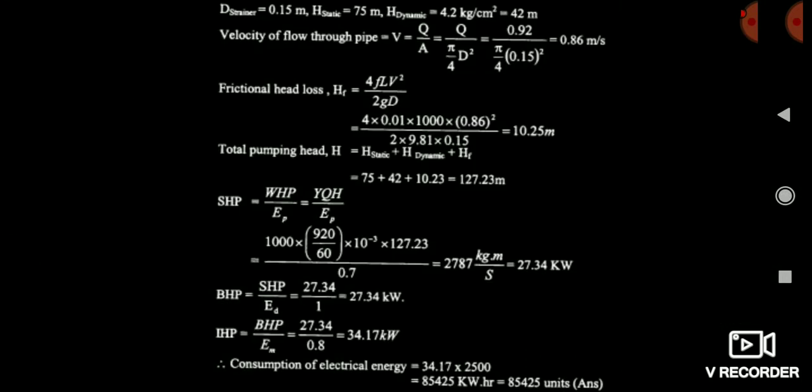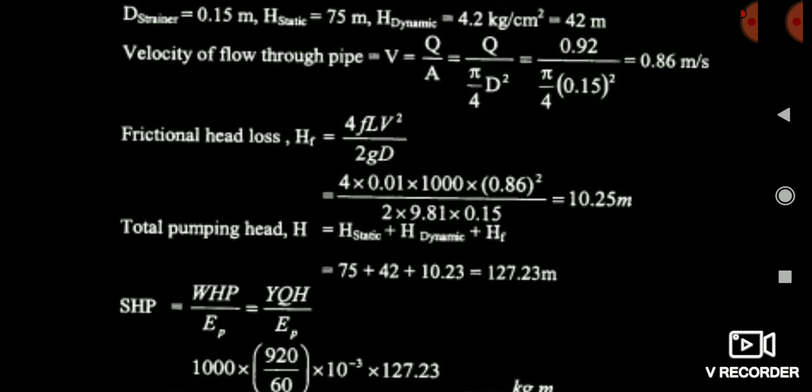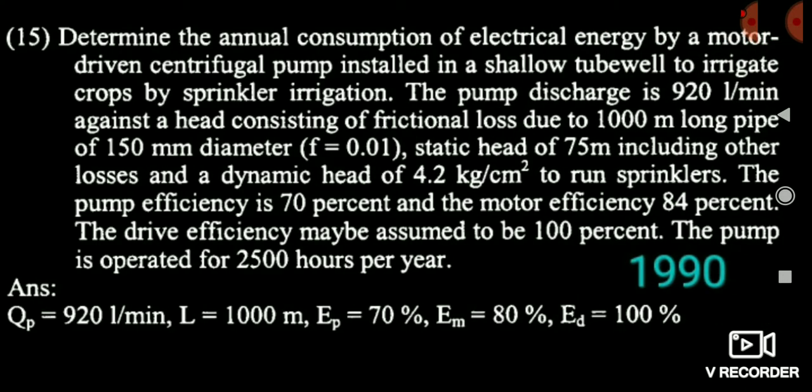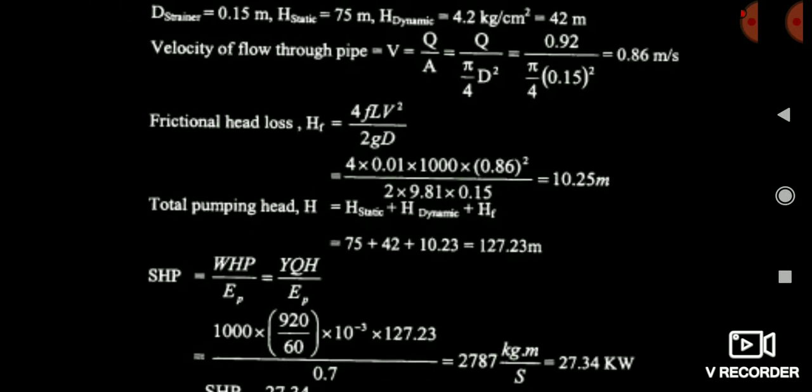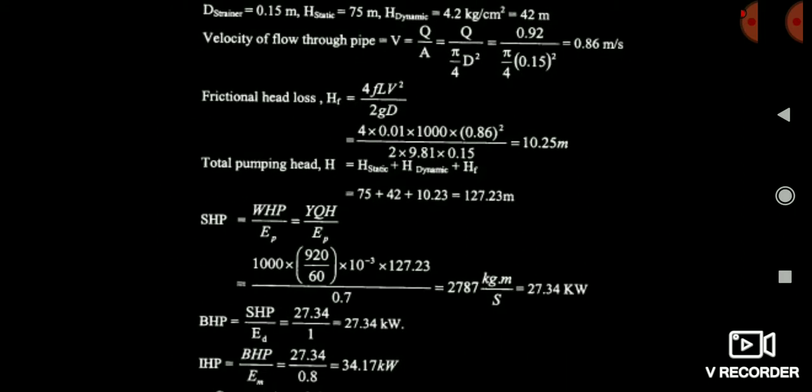So write down each and every data clearly first, and what we have to calculate, you can clearly see here: determine the annual consumption of electricity by the motor, which means we have to calculate the electricity consumption.